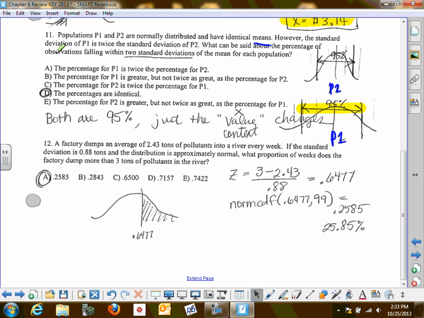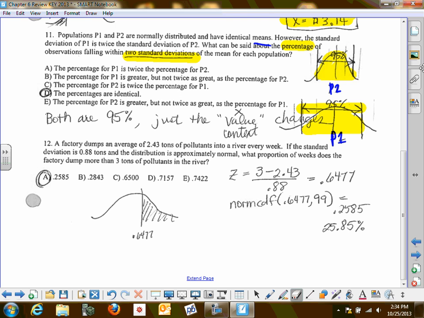But here's the deal. If I ask what percent is within 2 standard deviations, that remains the same on every single normally shaped curve. 95% is what is contained in 2 standard deviations, regardless of how spread out the values are.